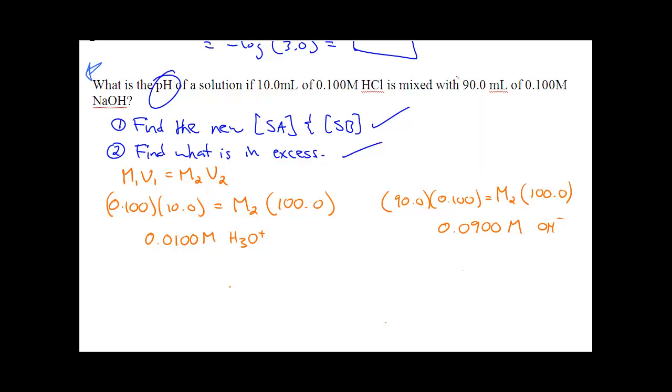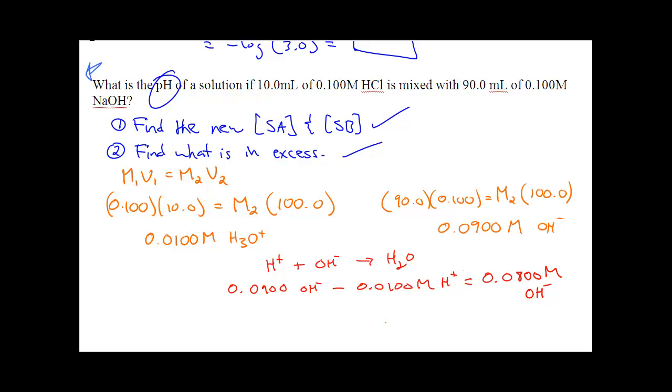So let's figure out what's in excess. We're going to have H plus, OH minus, goes to H2O liquid. It's fairly clear to see that we're going to have excess OH minus, 0.0800 molar OH minus.